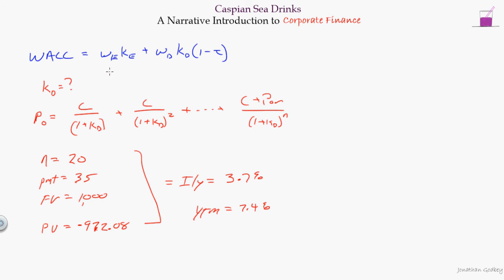So we would then have the weighted average cost of capital: 70% equity, cost of equity is 13%, plus 30% bonds times the cost of debt, 7.4%, times 1 minus the tax rate. I'm saying the tax rate is 40%; that again would be given. And this then equals our 10.432%.